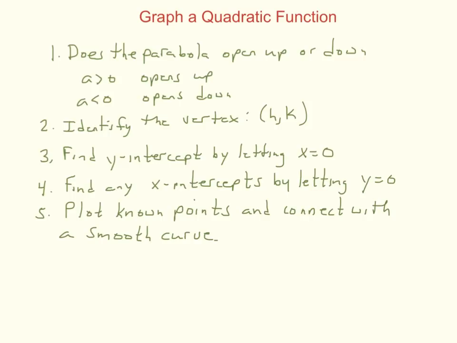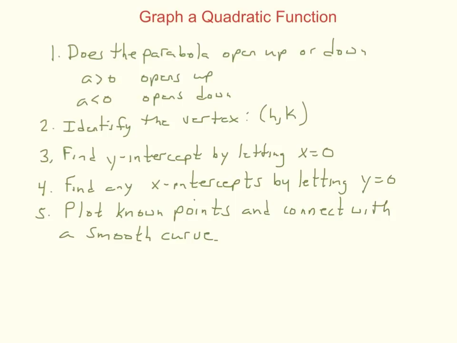Now keep in mind here, it is possible that there are no x-intercepts. If there are no x-intercepts, then we know the parabola never crosses the x-axis. And that's okay, we'll have enough information even without the x-intercepts to give a decent sketch of this. The x-intercepts though can help out sometimes, if they're nice values.